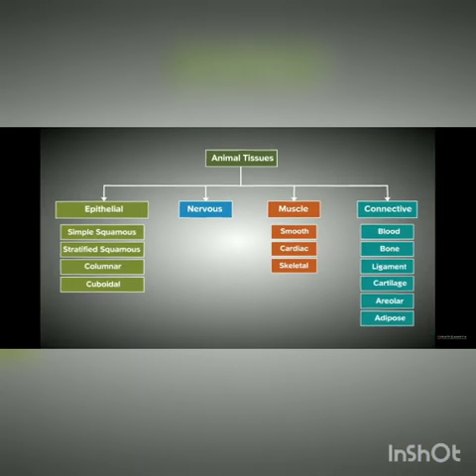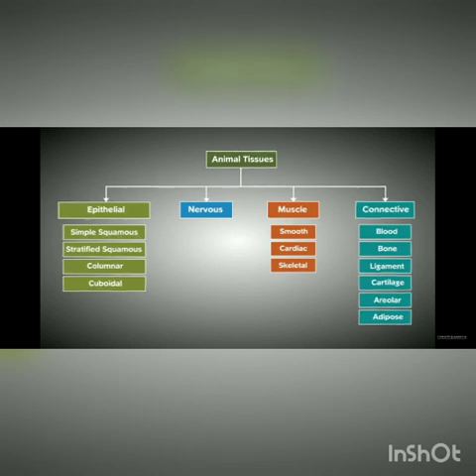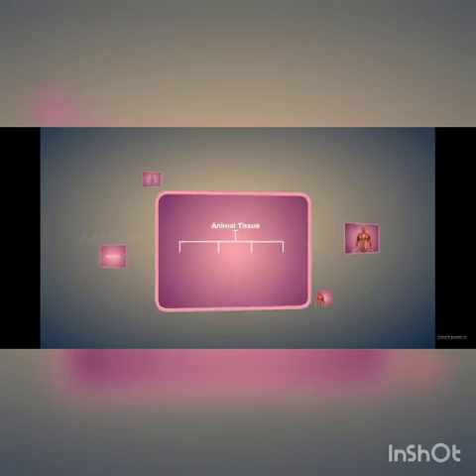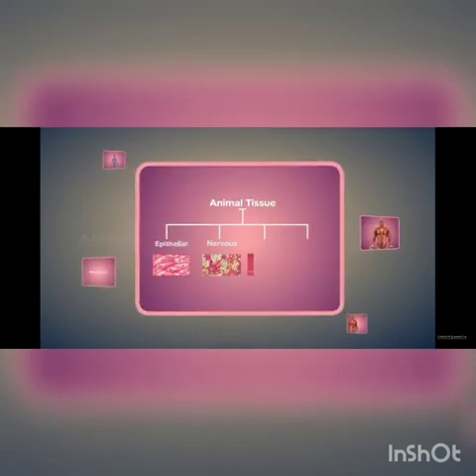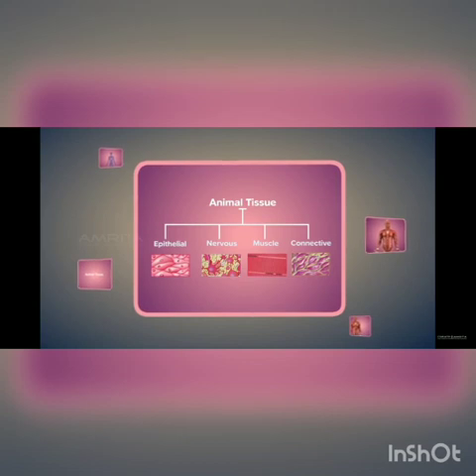Now in conclusion: epithelial, nervous, muscular tissue and connective tissue. Epithelial tissue has simple epithelium, stratified squamous. Animal tissues are epithelium, nervous, muscular, connective tissue.